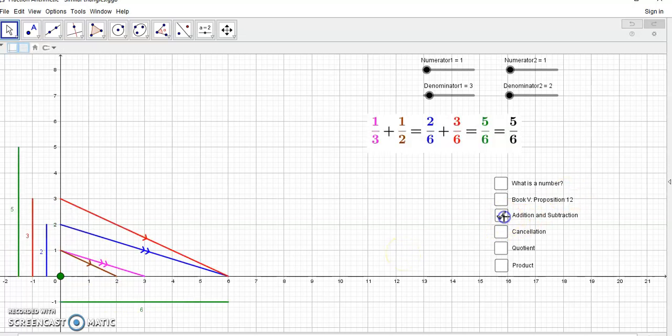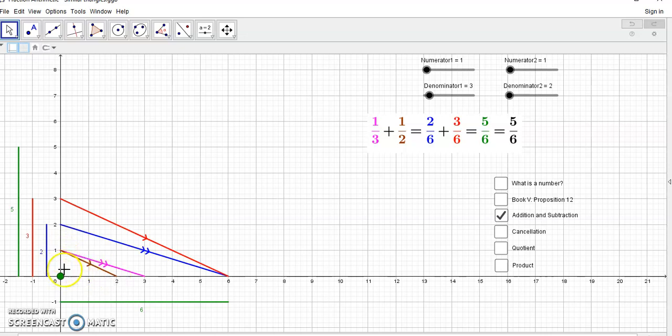So in order to do addition, let's see here. On the side here, I've got a numerator of 2. Actually, the quantities that I'm measuring are 1/2 and 1/3, the purple line and the brown line, which contain two pairs, a numerator and a denominator.